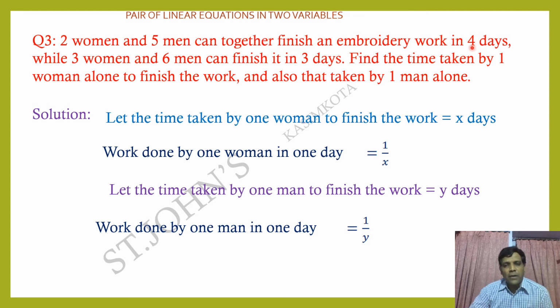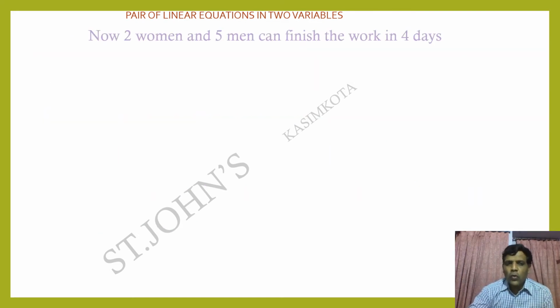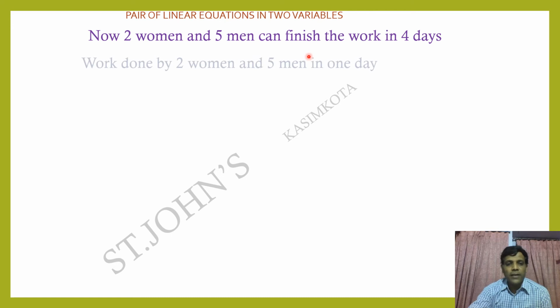So 1 day's work is 1 by 4. 2 women and 5 men can together finish the work in 4 days, so work done by 2 women and 5 men in 1 day equals 1 by 4.